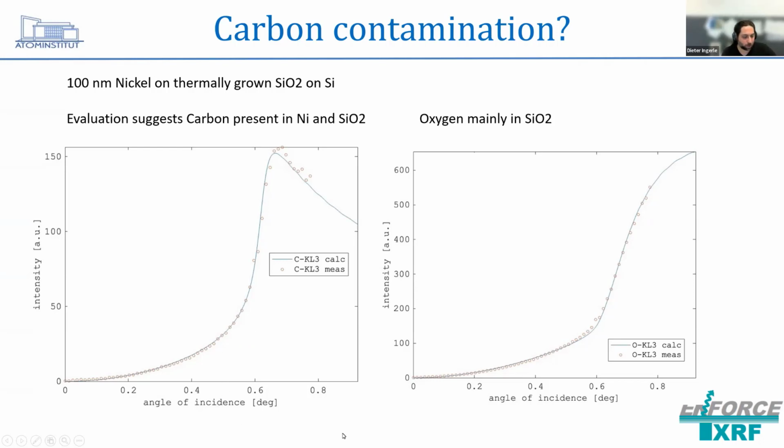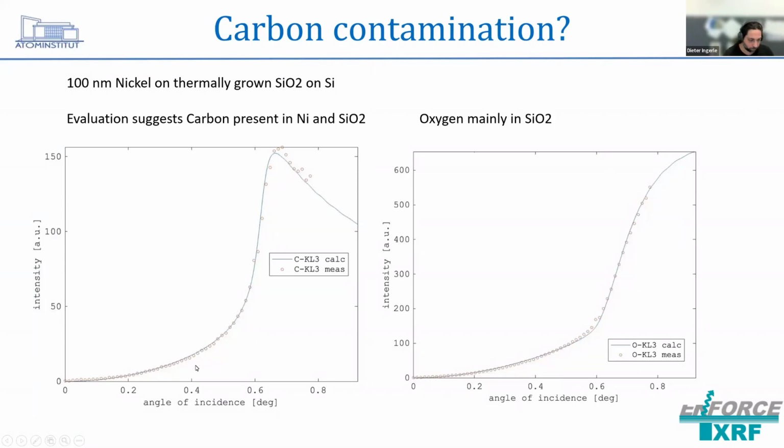So we looked at some other samples. In this case, for example, a 100 nanometer nickel layer on some thermally grown silicon oxide. And here we also have carbon, unexpectedly. And what's even more unexpected, it looks like it's going deeper than just the surface.